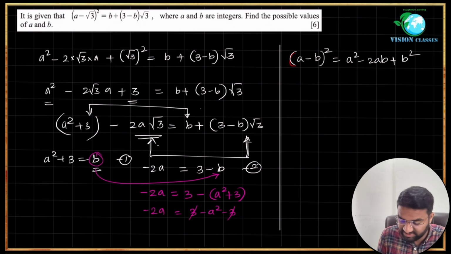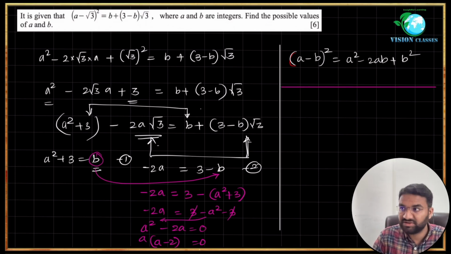The 3 gets cancelled out and we are left with a squared. You can transfer it to the left. A squared minus 2a is equal to 0, so you can take a out common: a times (a minus 2) is equal to 0. So a is equal to 0 or a is equal to 2 are the two values you will get.